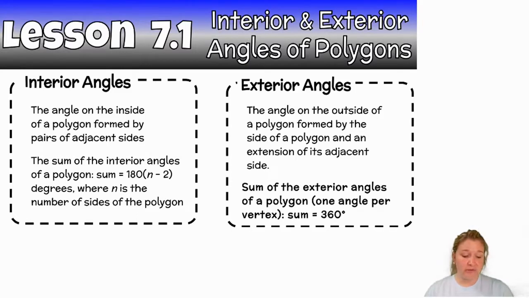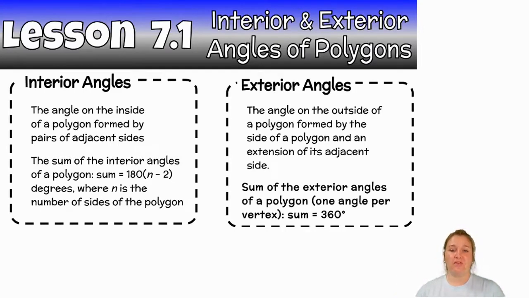So the interior angle theorem says that the angle on the inside of a polygon is formed by pairs of adjacent sides. So that's that vertex we're talking about. The sum of those, okay, is going to be based on the number of sides for that specific polygon. So if n is the number of sides, all of the angles inside are going to add up to be 180 times the number of sides, which is n, minus 2.